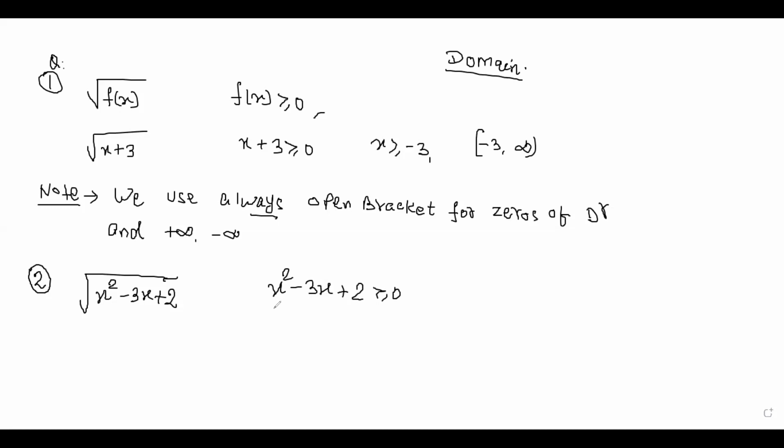Now we will factor this. I am writing direct factor. If any problem, then you can ask me. It will be factored as x minus 1 into x minus 2 greater than equal to 0. Okay. Now, when you take these roots on the number line, it will be plus 1 and plus 2.